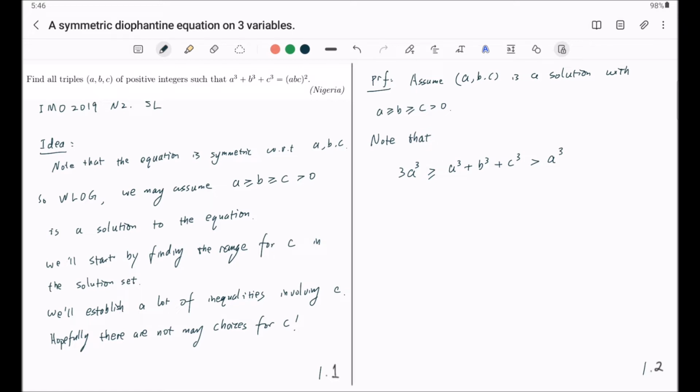We are talking about this sum because since we assume ABC is a solution, this is precisely equal to ABC squared. So simplifying this, by canceling a squared out in the inequalities, we get 3a greater or equal to b squared c squared greater than a.